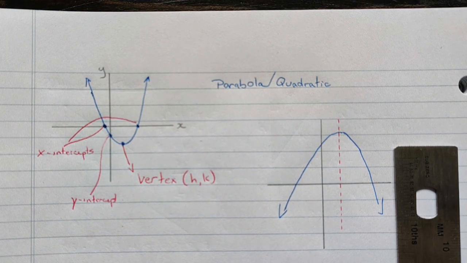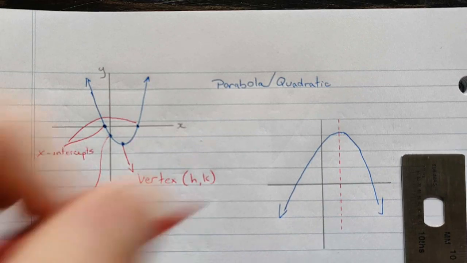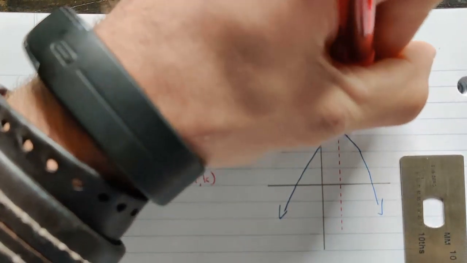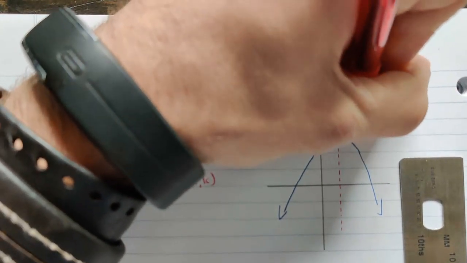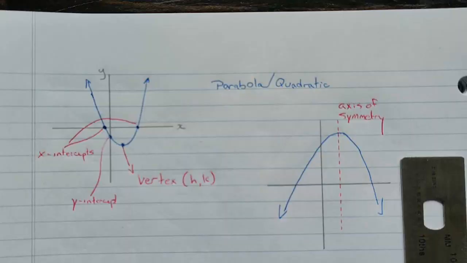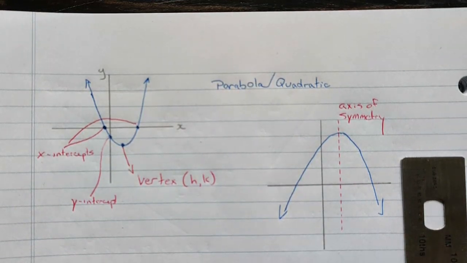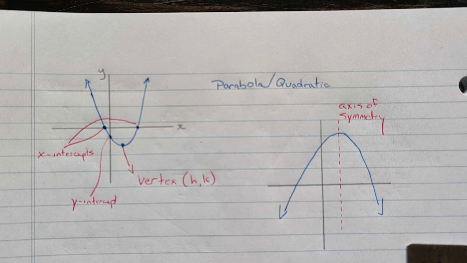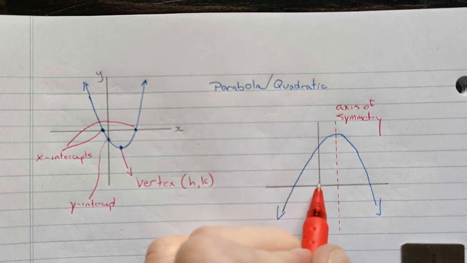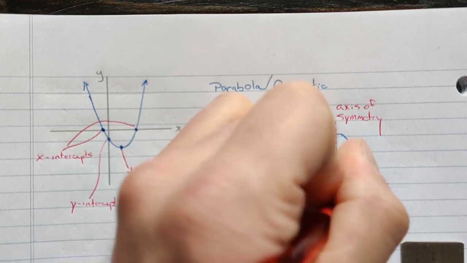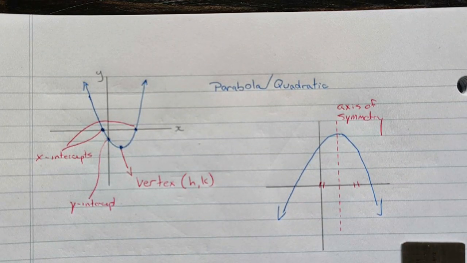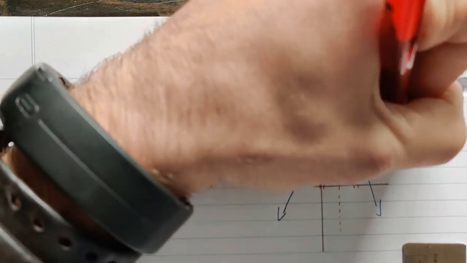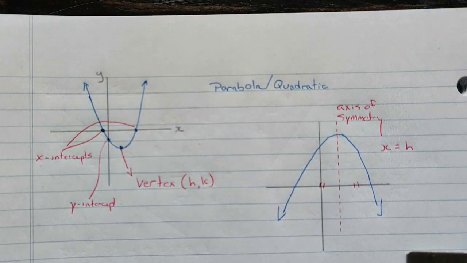Now in my drawing, not the best, but this line here is called the axis of symmetry, where you could see that graph mirrored on either side if you were to put one of those little red mirrors on there. So each point from here to here is the same distance apart. Again, it doesn't look like that on my graph, but my drawing is not the best. That axis of symmetry is an equation, x equals the h value of the vertex.